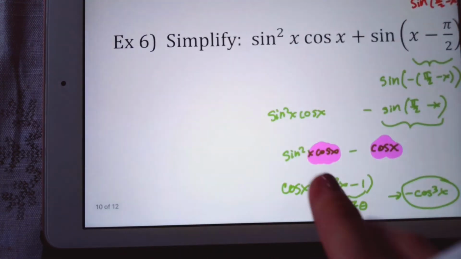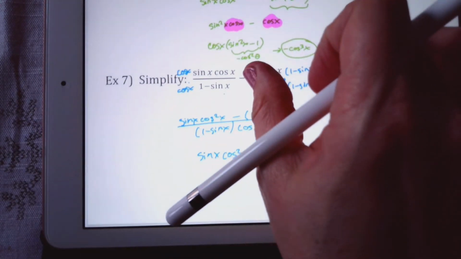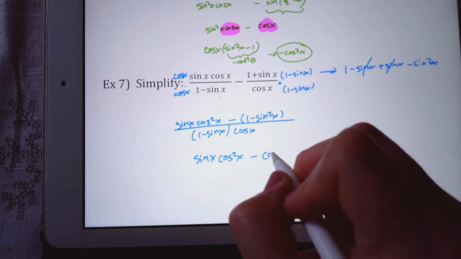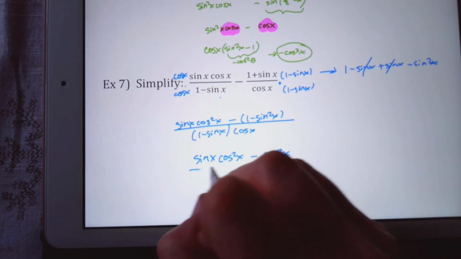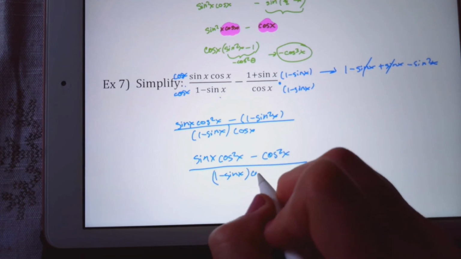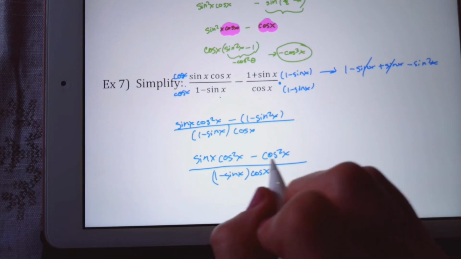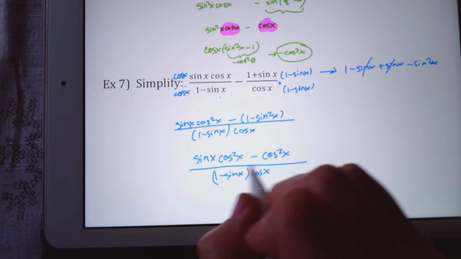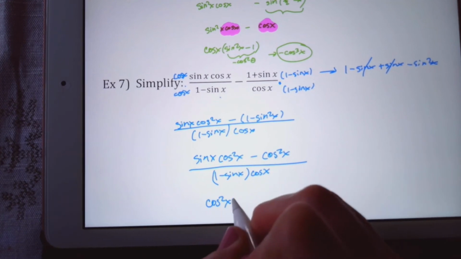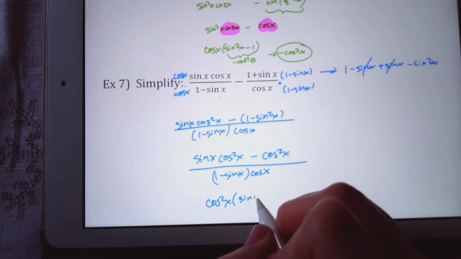That's going to have a little more use for me. So if I can write 1 minus sine squared as cosine squared, then I have this on the bottom. Now look at that. See why I wanted that? Because the cosine squares are in common, so I'm going to factor them out. So then I have sine minus 1.